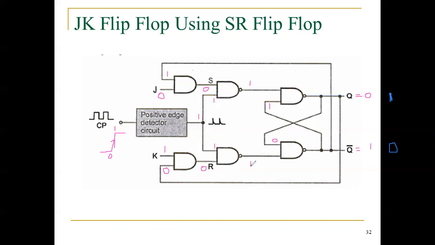Now this comes to here. Now you see the inputs of these gates: here 1 1, here 1 0. One of the inputs of this NAND gate is 0, so my output will be 1. That 1 comes to here, my output equal to 0. So whenever I give J input equal to 0 under the assumption of Q equal to 0, Q bar equal to 1, I obtain the output 0 1.